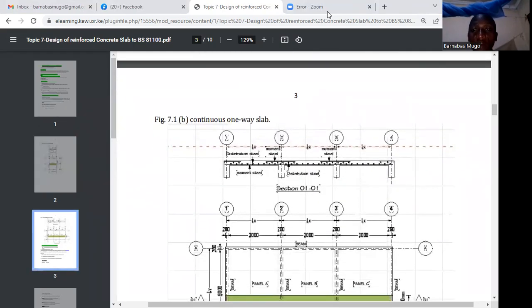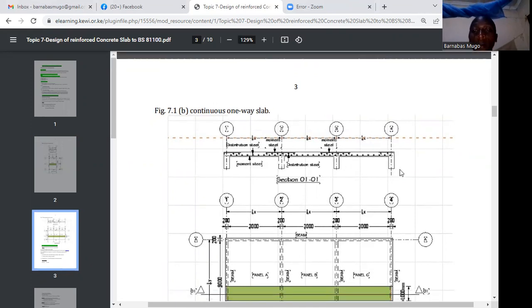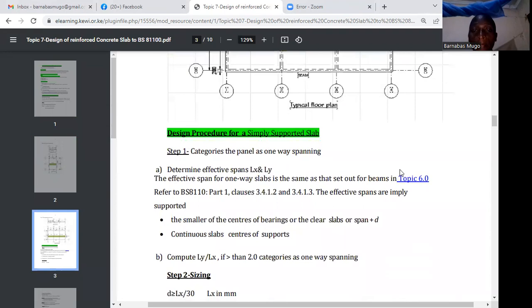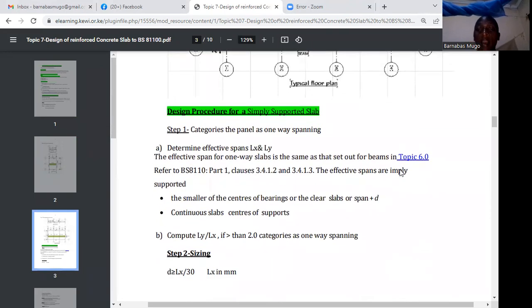Yeah, this is a continuous one-way slab. We know that continuous means it has multiple support sections, as you can see. And so when we are designing a one-way slab, the first thing that we need to do is to categorize the span as either a one-way or two-way slab. How do we do it?